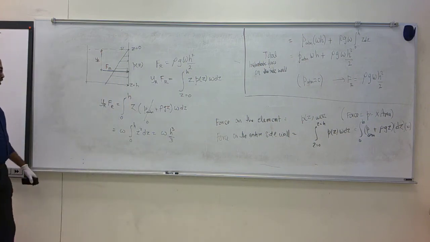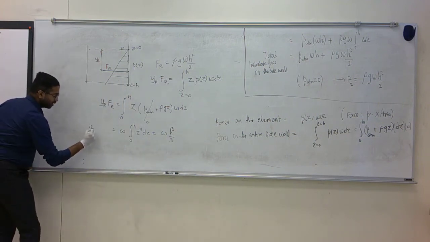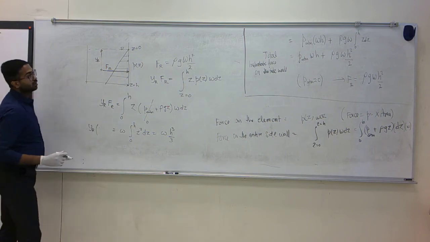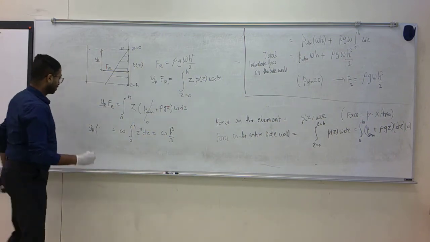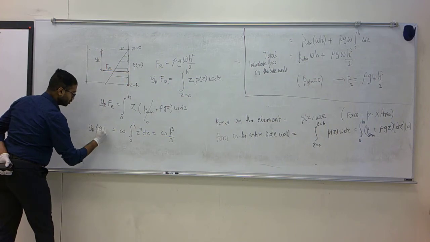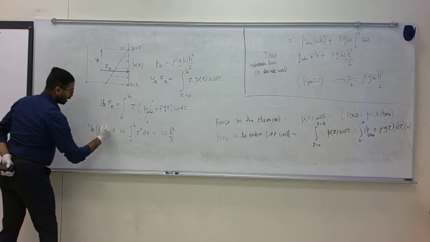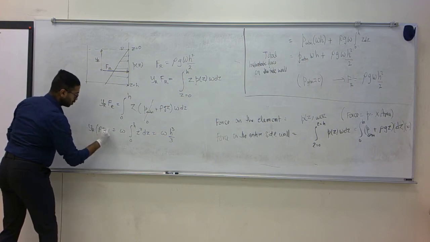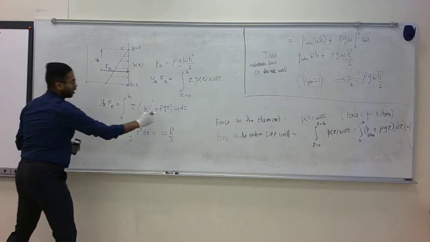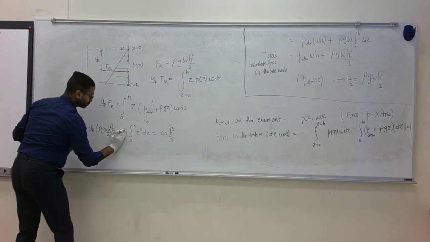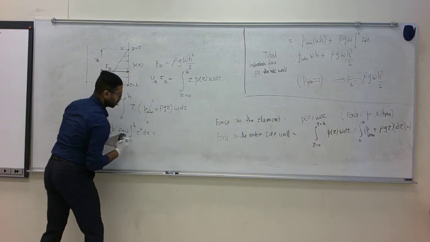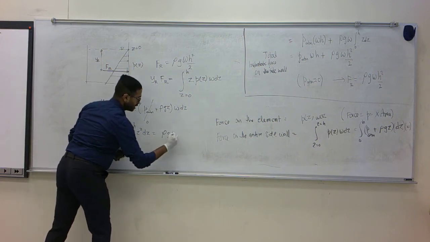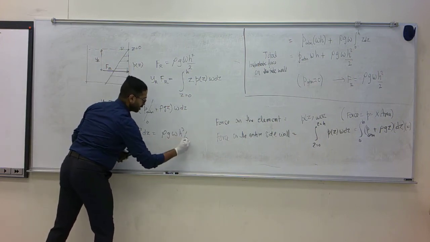And I have yr on this side times what is my Fr? Rho G W H squared over 2, and I also have a rho G here, rho G W H cubed over 3.